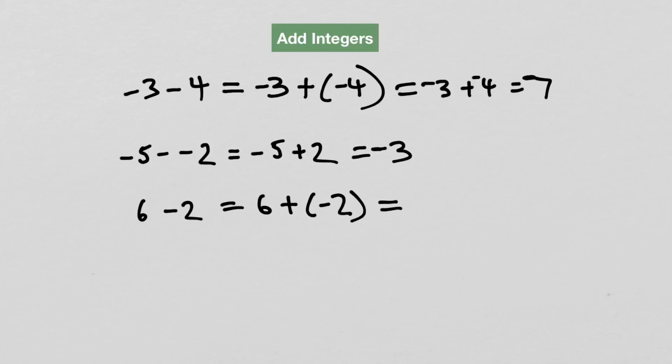Now we have a positive term here and a negative term, which means we have to take the difference, which is what you did over here. Okay, you're taking the difference. So now we take the difference between 6 and 2, and we write the answer down, and then look at the larger term, and ask yourself, what is the sign in front of the 6? It's a positive, and therefore the answer remains positive 4.